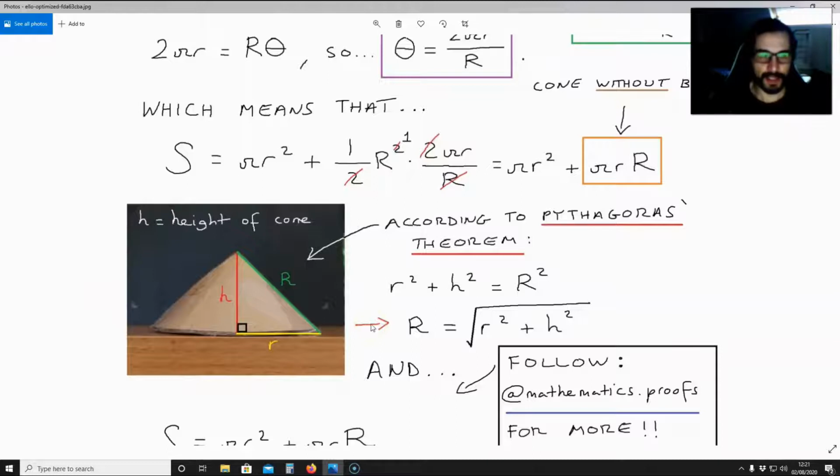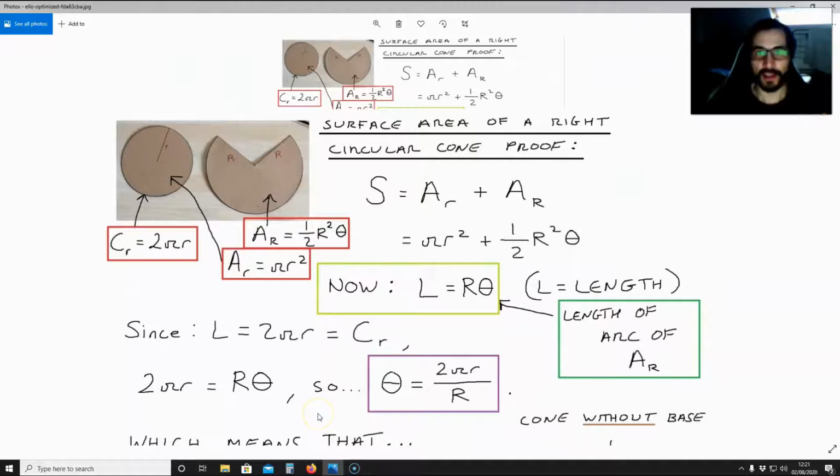And as you can see, with this perspective, we get a height of the cone small h. And we've also got a right angled triangle. We are going to use this right angled triangle to get an even more simple equation for the surface area of a right circular cone.